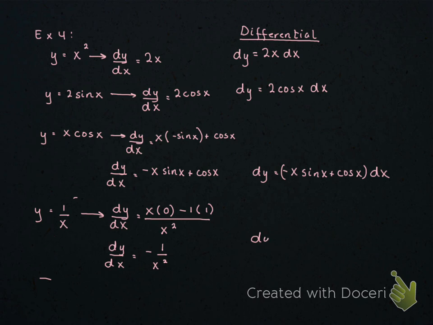Therefore, dy is equal to negative 1 over x squared dx. Very simple. And all of this is true because a differential includes the derivative. So examples 5 and 6 are exactly the same.